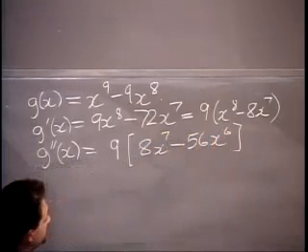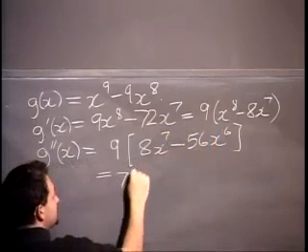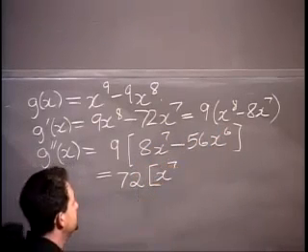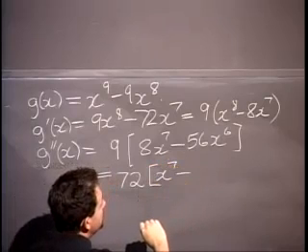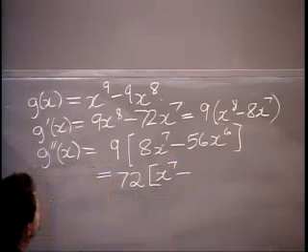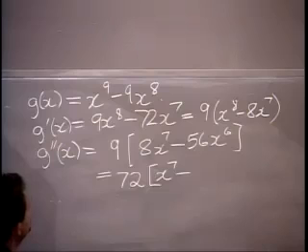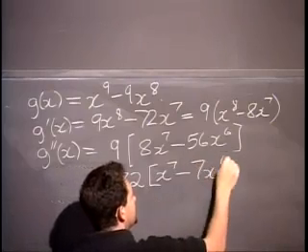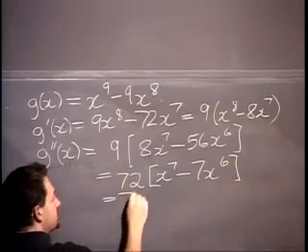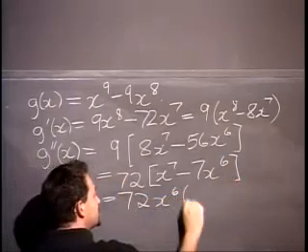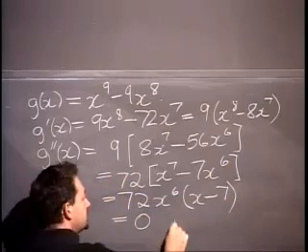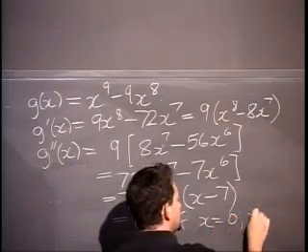You can take out a further factor of 8 and get 72 outside of x to the 7th minus 7x to the 6th. Let's factor this a little more into 72 x to the 6th outside of x minus 7. So this clearly equals 0 if x equals 0 or x equals 7.